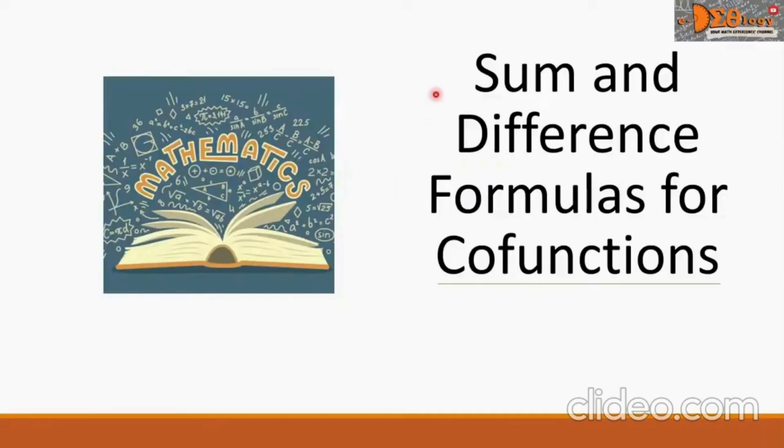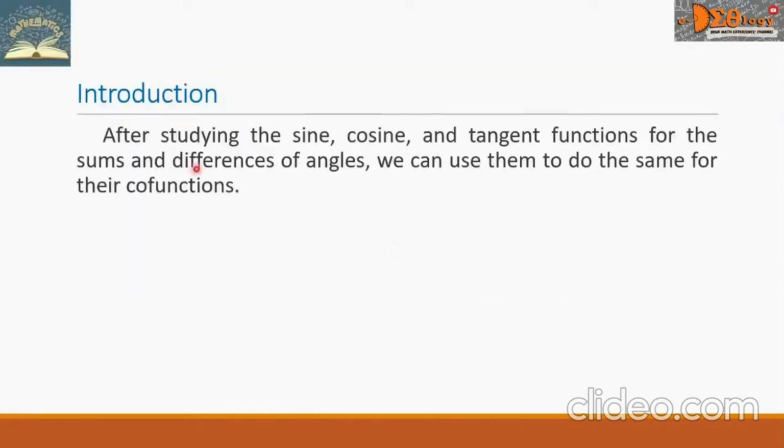Today we're going to study sum and difference formulas for cofunctions. After studying the sine, cosine, and tangent functions for the sums and differences of angles, we can use them to do the same for their cofunctions.